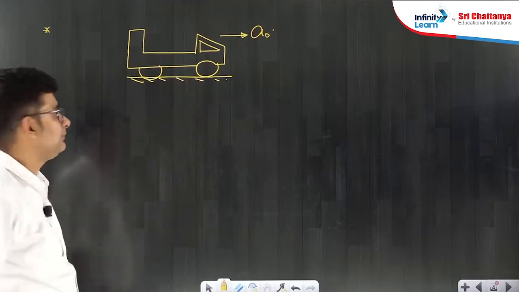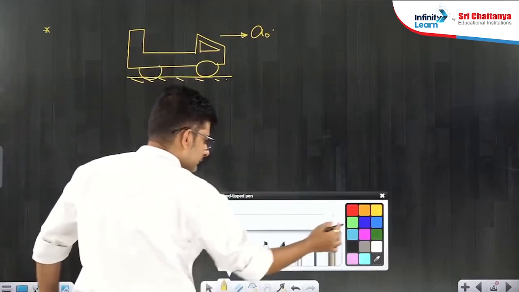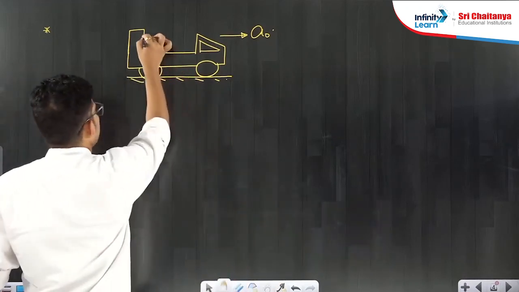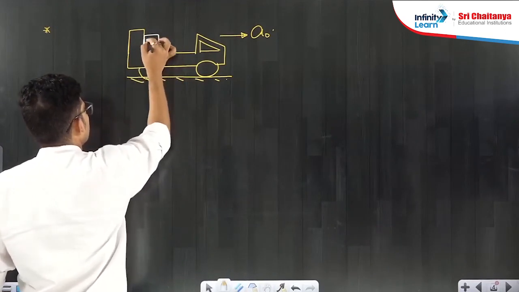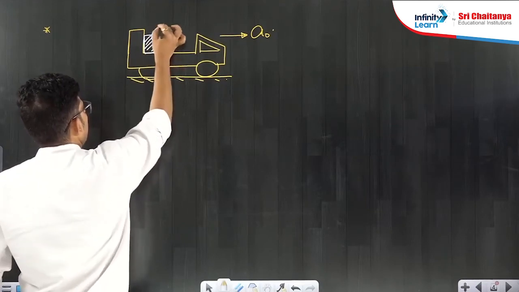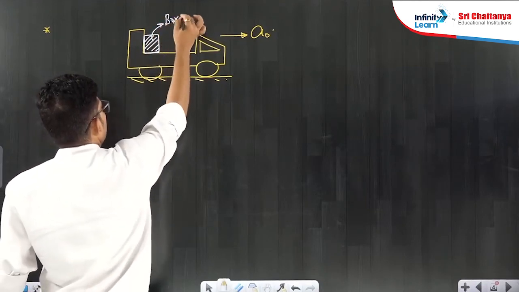This is a truck, and here we have a box whose mass is m.